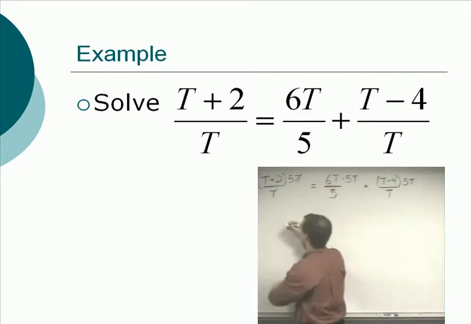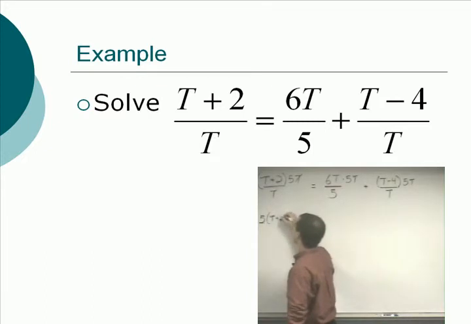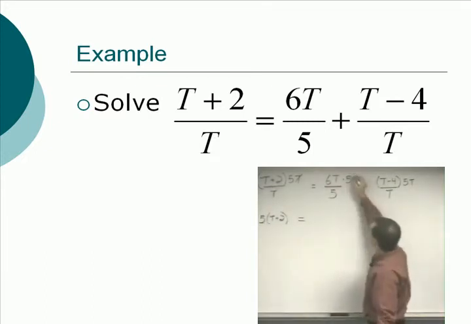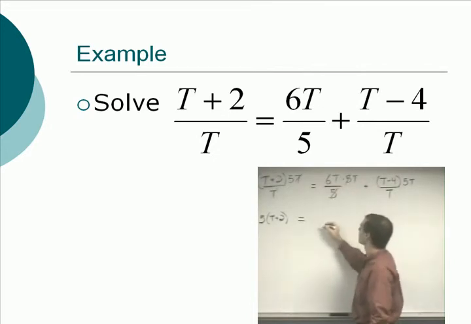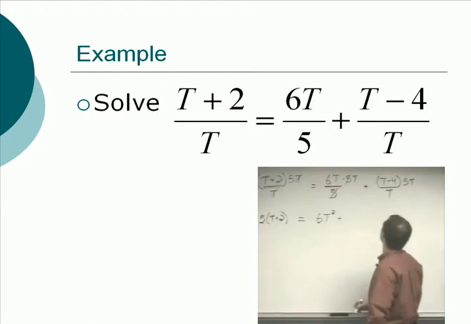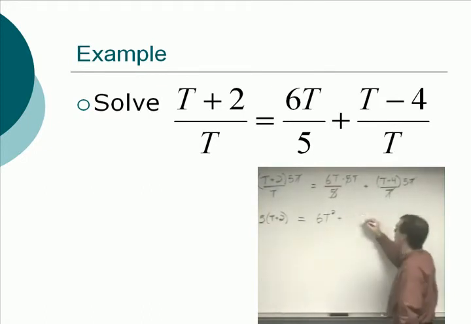5 times t plus 2 equals, over here, 6t squared plus 5 times t minus 4.